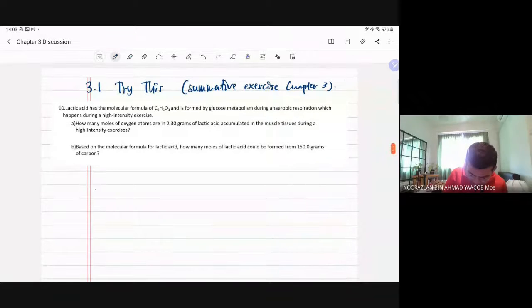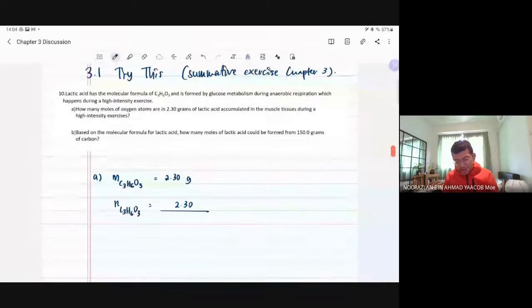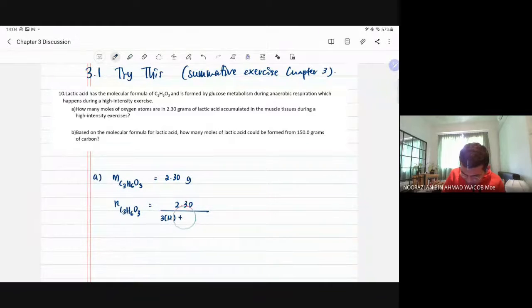So the mass of C3H6O3 is 2.30 grams. Now you have to find the number of mole of oxygen atoms in this. So first of all, what you can do is you can find the number of mole of C3H6O3, which is 2.30 divided by MR, mass divided by MR. MR dia adalah 3 kali 12 plus 6 times by 1.0 plus 3 times by 16.0.